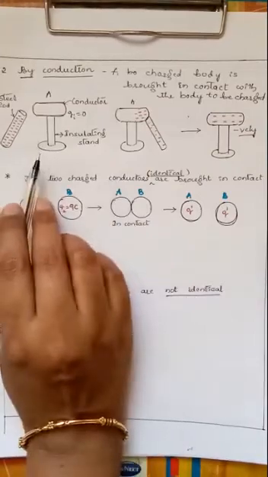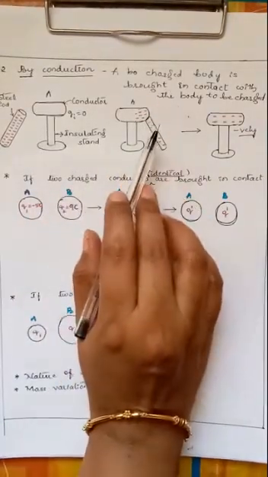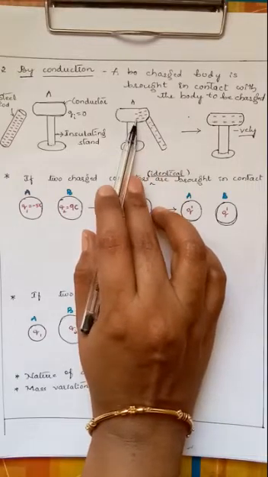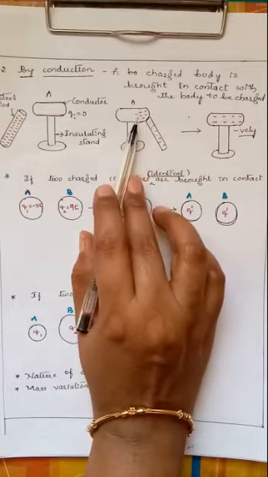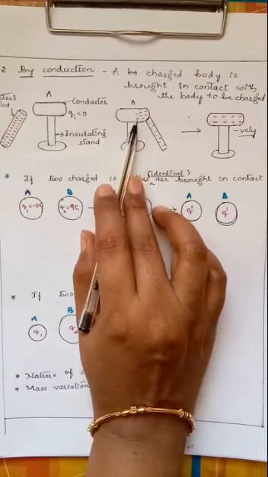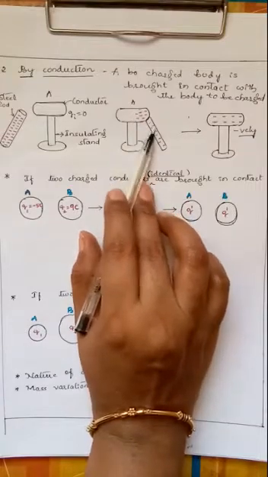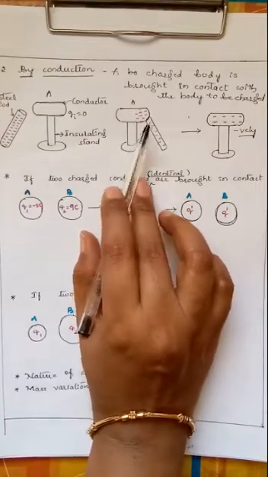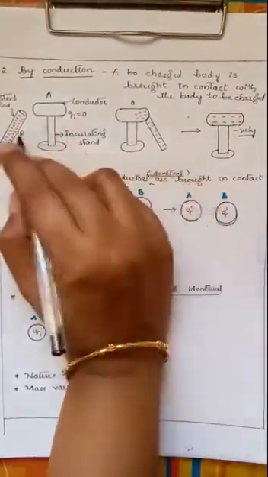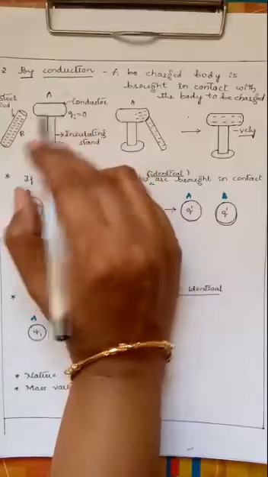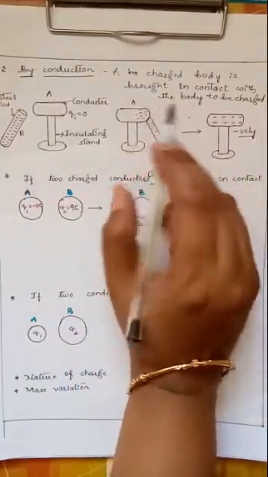Here, what we are observing is, first and foremost, the method is bringing a charged body in contact with the uncharged body. The second thing is that the transfer of electrons takes place, or sharing of charges, I can say. Whereas here we see both of them are alike charged. If I call this body B, the nature of the charge on A as well as B is going to be the same, whereas in friction we had opposite nature.